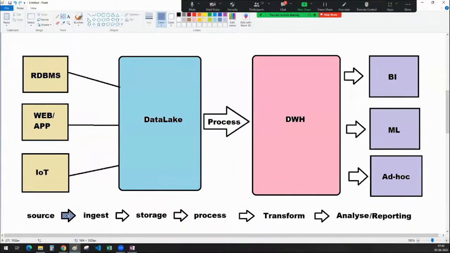You are having a source, ingesting, storing, processing, as well as transforming the data. So this is a typical architecture. This architecture is very helpful for you to understand data engineering, guys.